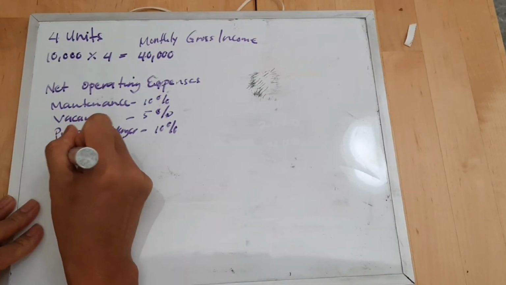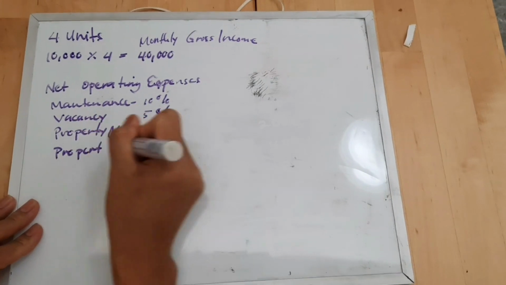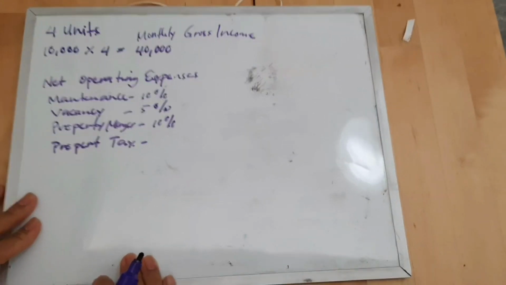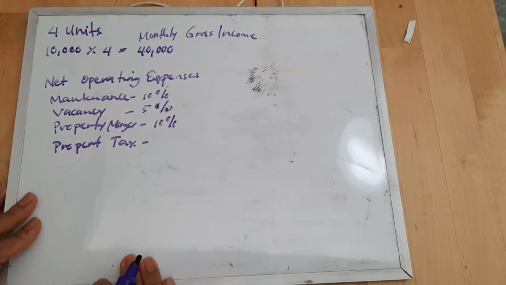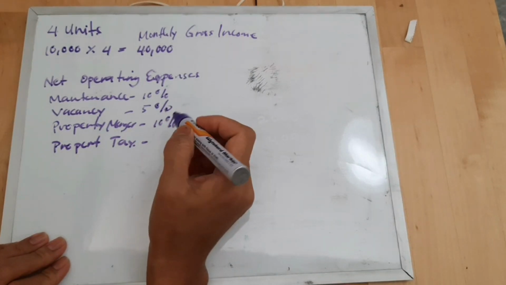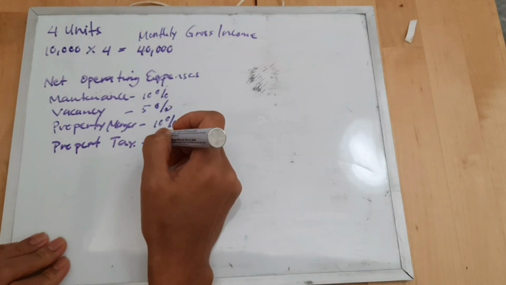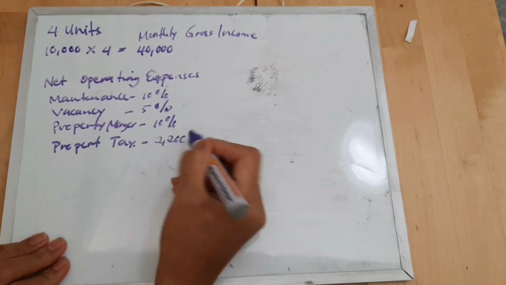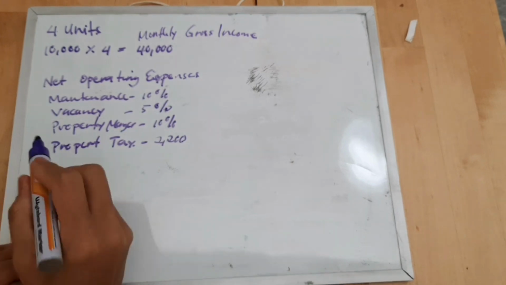And the next expense is your property tax. Normally you already know it, so you can calculate the yearly property tax. Let's say for 1 year you pay 2,200, okay, 2,200 per year.